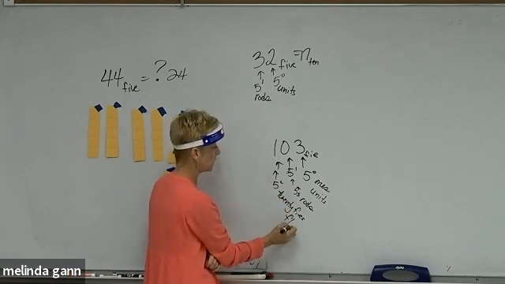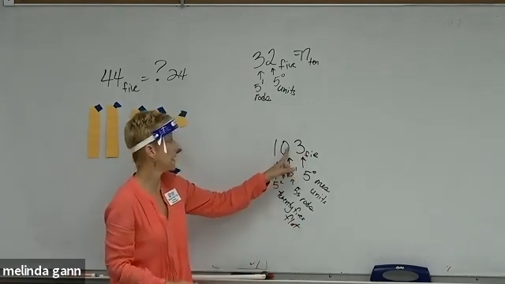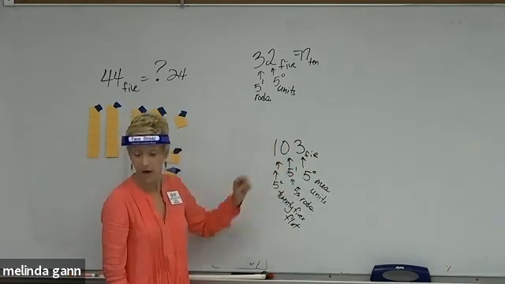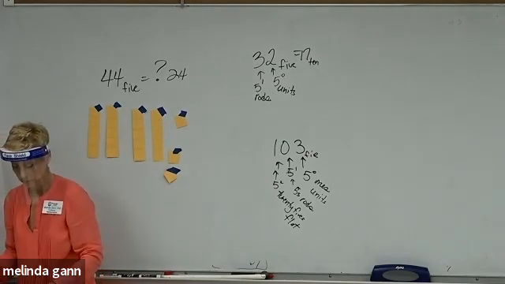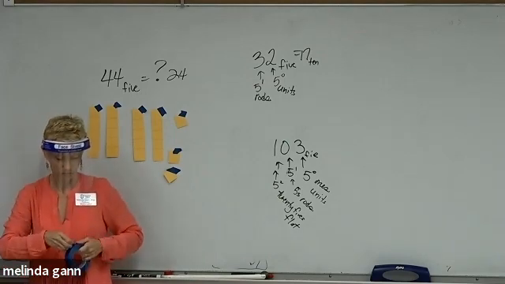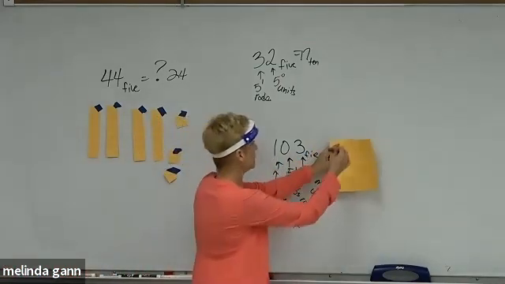In other words, that's a flat. Because remember, it takes 5 of these to make one of these and 5 of these to make what? One of those. So now I'm going to need one of my flats.